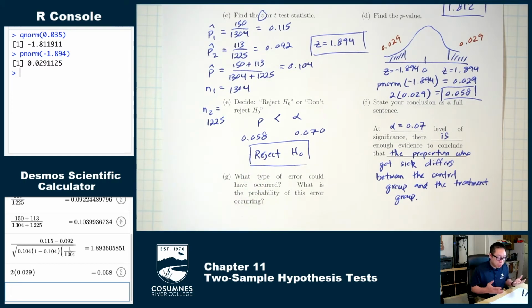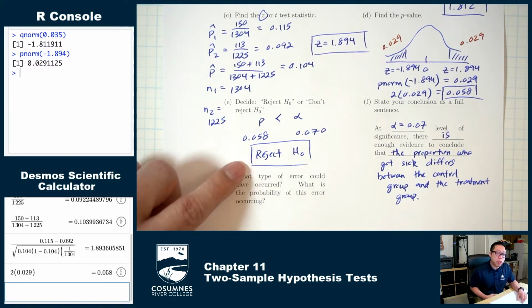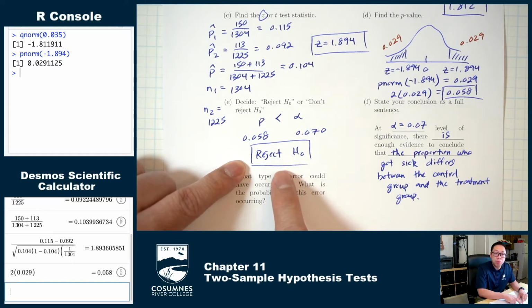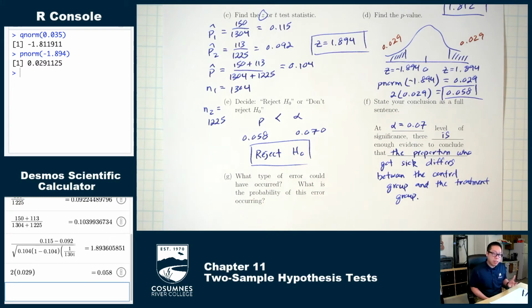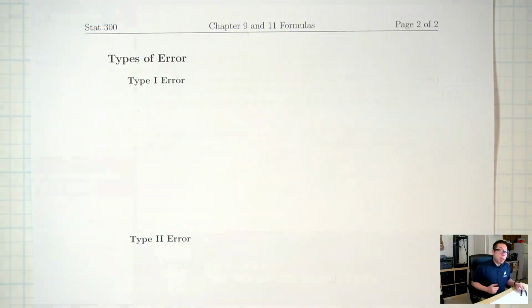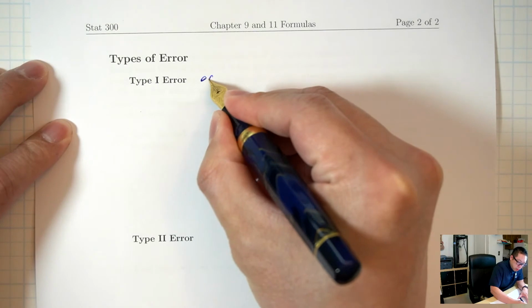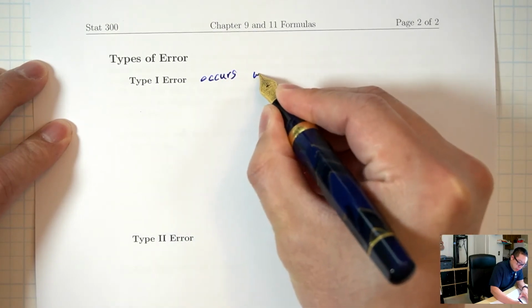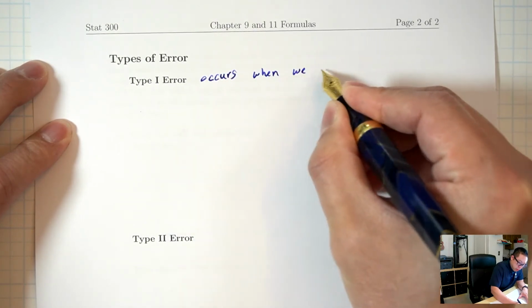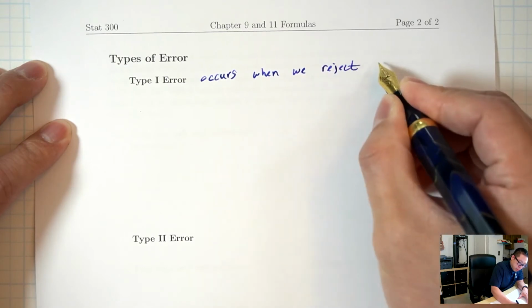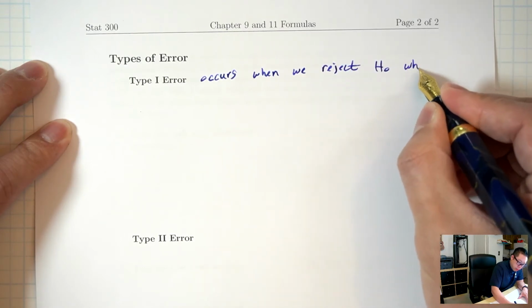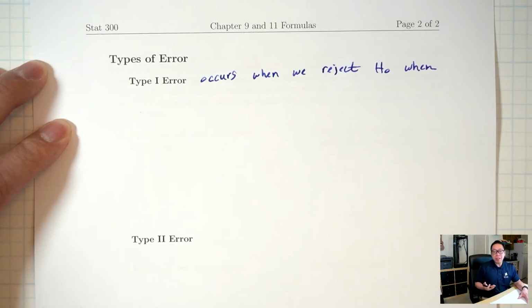So in this situation, the data could be telling us to reject H0 when in fact H0 could in reality be true, which means that we're making a mistake by rejecting it. So that's called a type 1 error. So let's talk about what a type 1 error is. A type 1 error occurs when we reject H0 when in reality H0 was true.